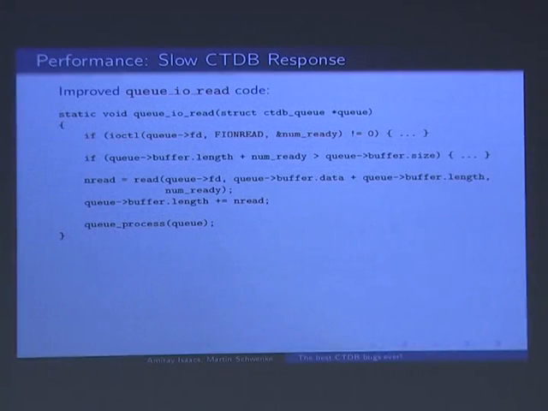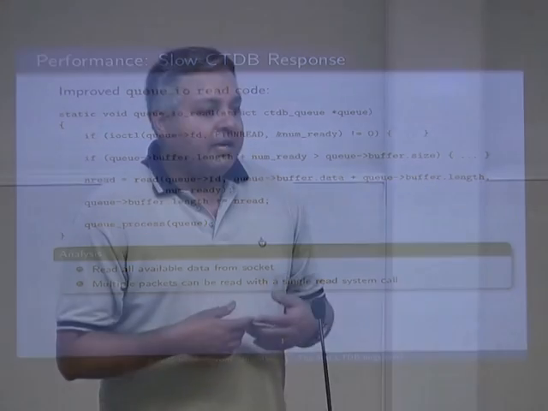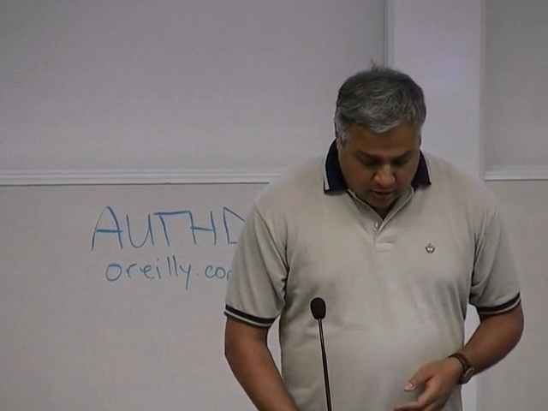We still find out how many bytes there are, but now, instead of reading bits and pieces, we read the whole buffer. Whatever is in the socket buffer, we read everything, and then process that buffer as many packets. This gives us a definite improvement. Now we can handle multiple packets in one read system call.